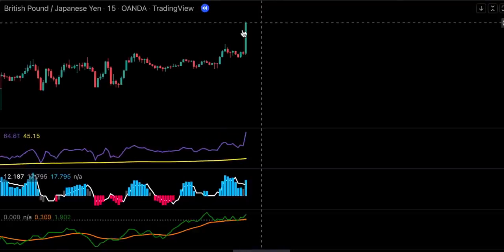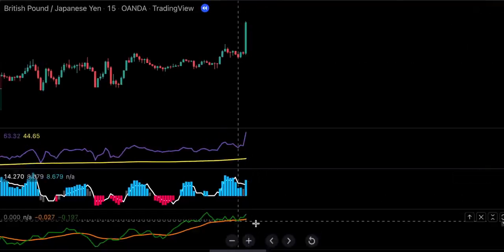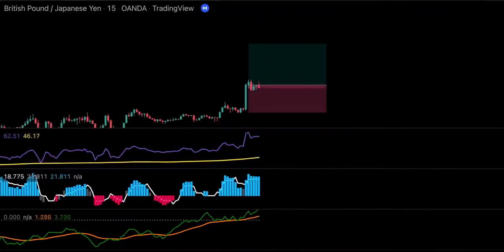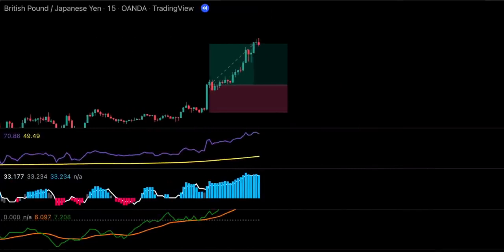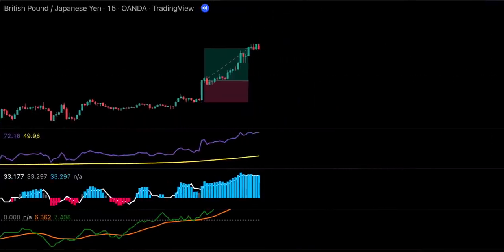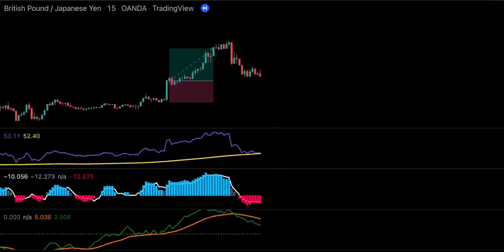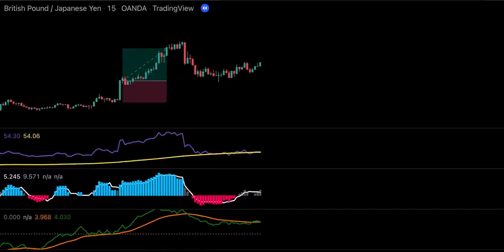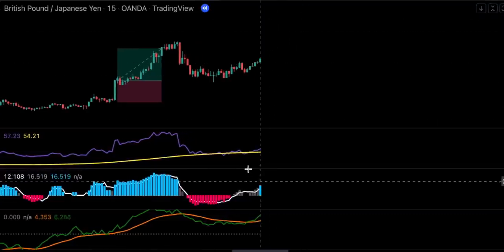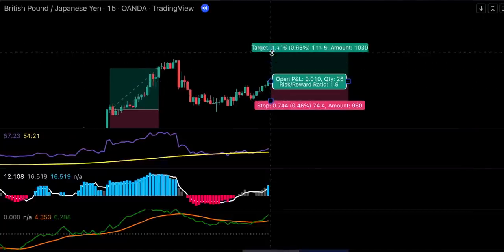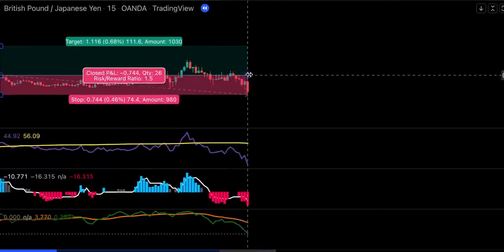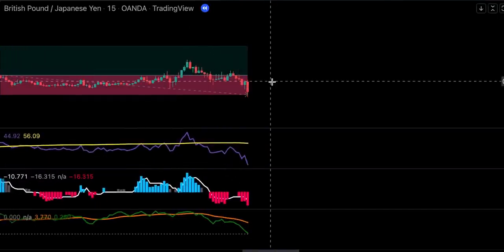Okay, this is where we have a valid long signal. We see all our indicators agree. And the price hits our take profit target really quickly. This long signal is valid as well. Okay, so we see unfortunately we got stopped out, but don't worry, losses happen.